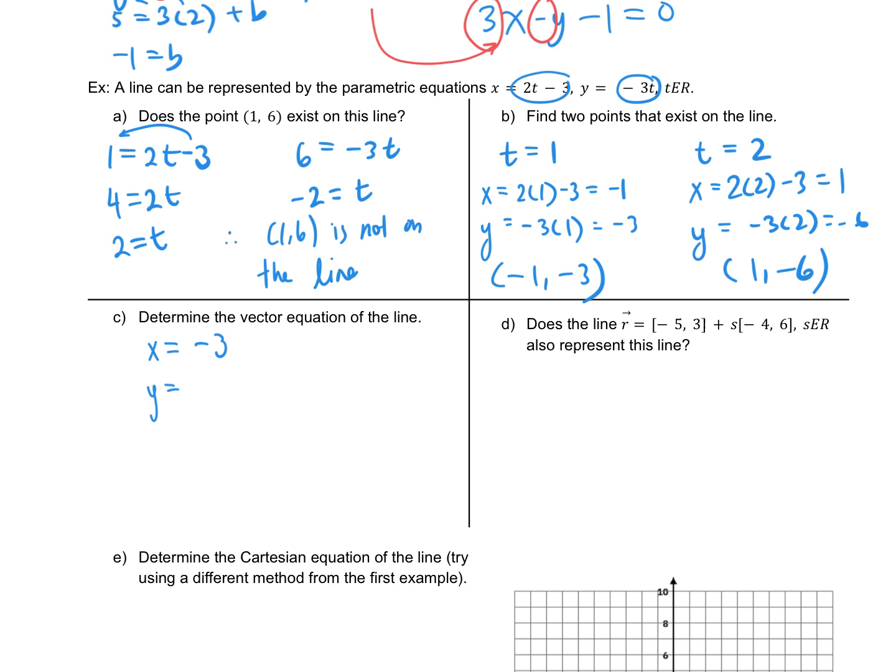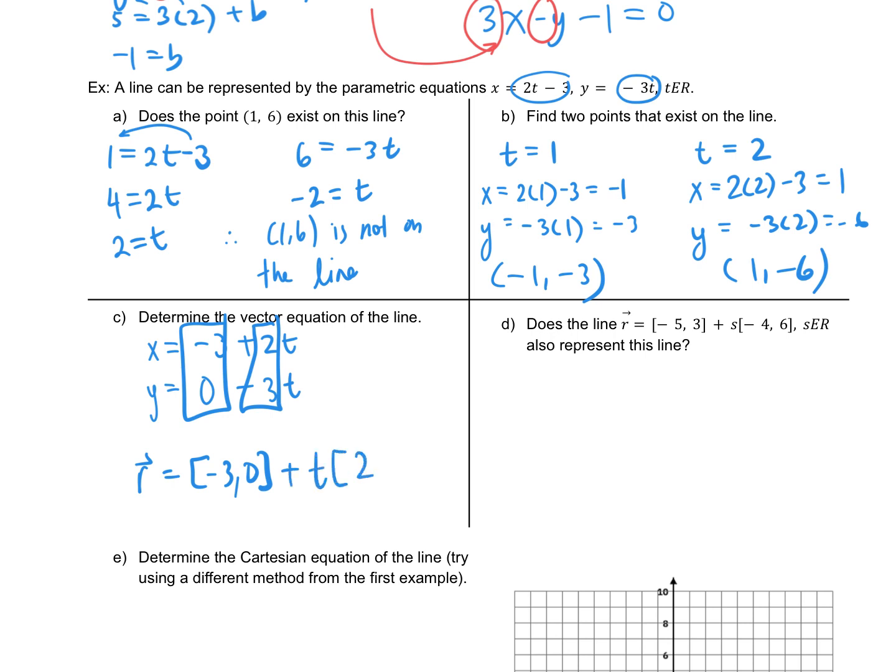So I'm going to write my constant first, and then my t component. y doesn't have a constant, but it has the t part. So here's r naught, and there's your direction vector. So (-3, 0) plus t times the direction vector.